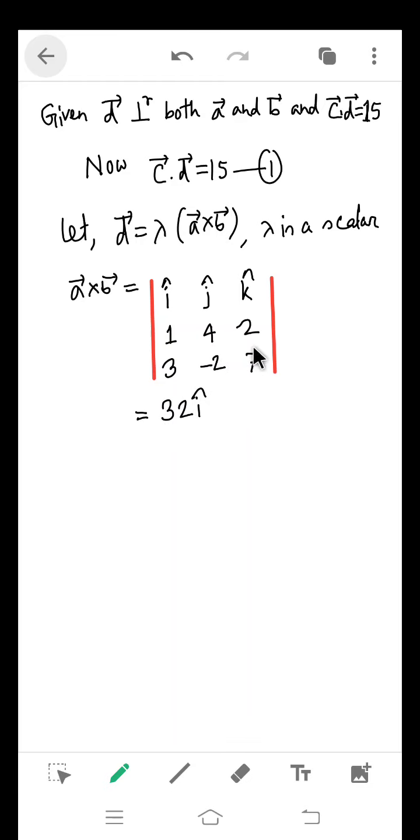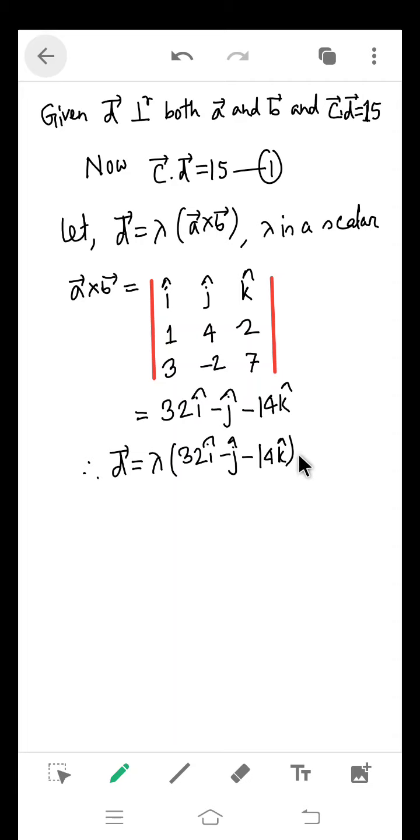Then for j, 7 minus 6 is 1, which means minus j. Then for k, -2 minus 12 is -14 k. So therefore D is lambda into A cross B, that is 32 i cap minus j cap minus 14 k cap.